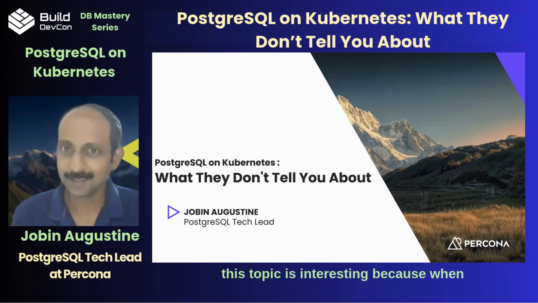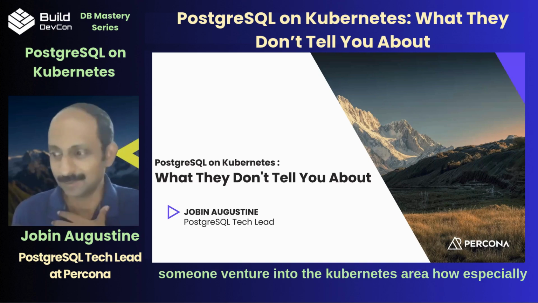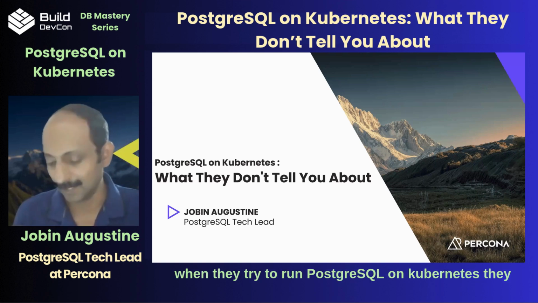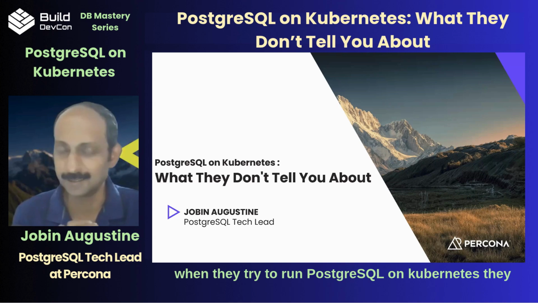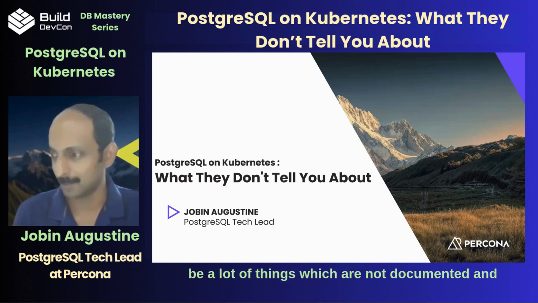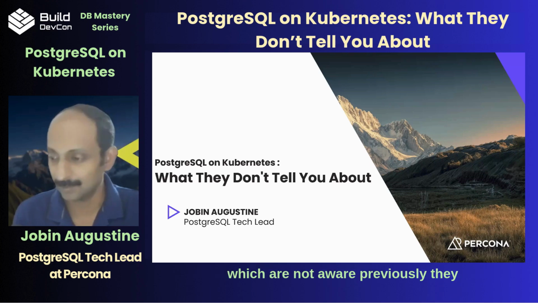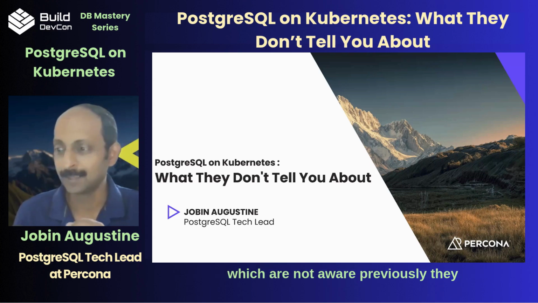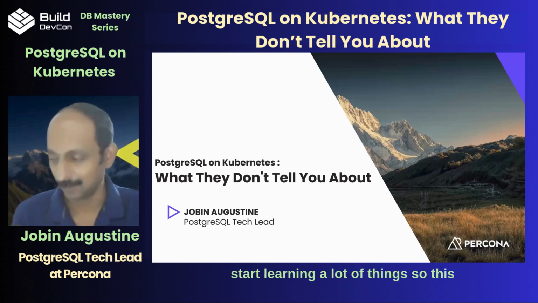This topic is interesting because when someone ventures into the Kubernetes area, especially when they try to run PostgreSQL on Kubernetes, they will learn things along the way. There will be a lot of things which are not documented and things which they were not aware of previously.